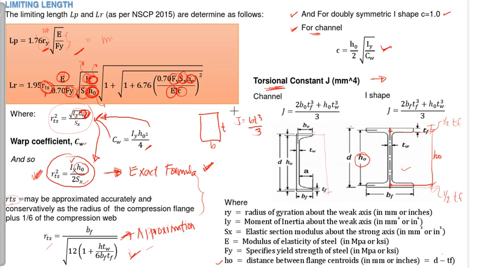If you still remember your lower design subjects, this is all from strength of materials. So that is our general formula for a rectangular section.